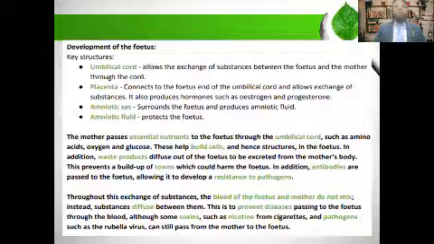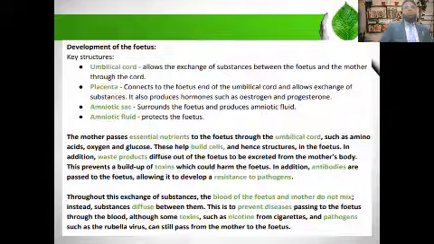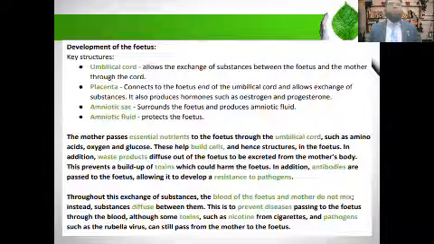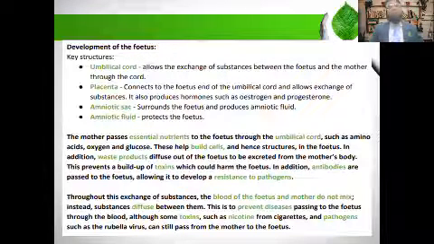It also produces hormones such as estrogen and progesterone. The amniotic sac surrounds the fetus and produces amniotic fluid. The amniotic fluid protects the fetus, because it saves the mother and fetus from external jolts and shocks; this fluid is a shock absorber.